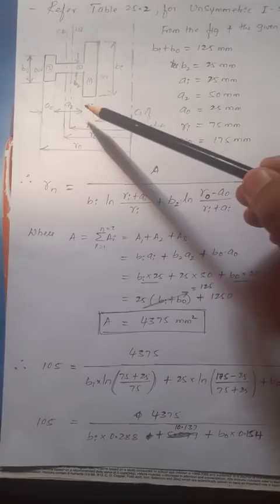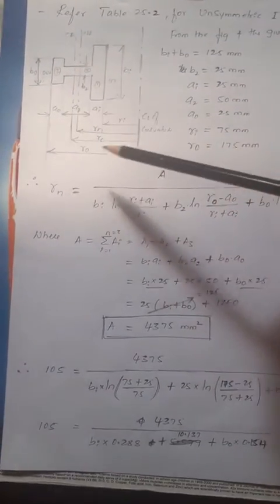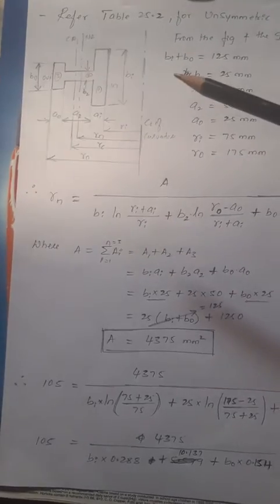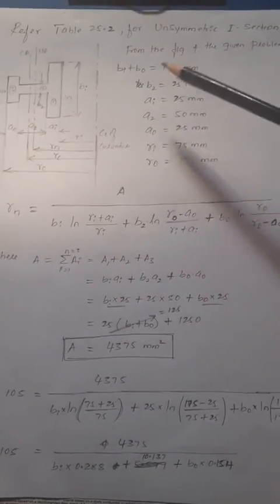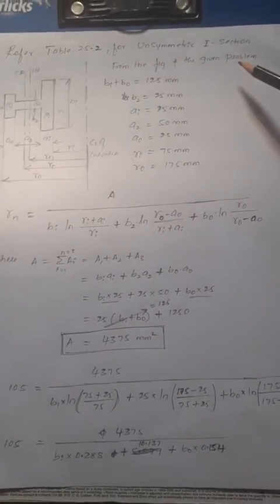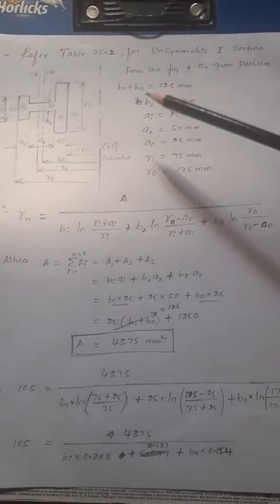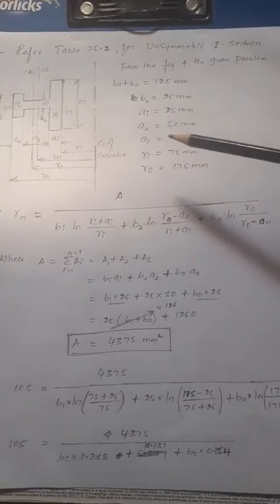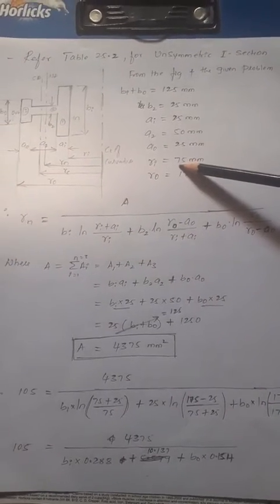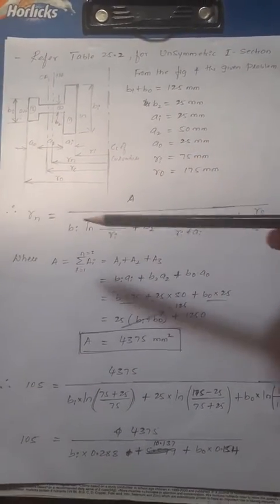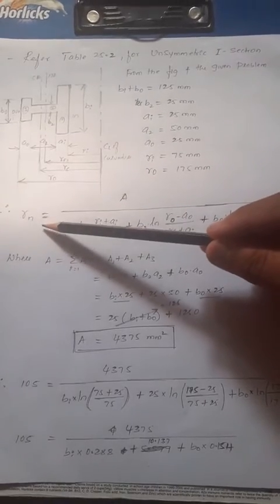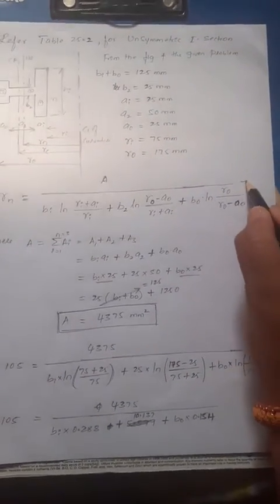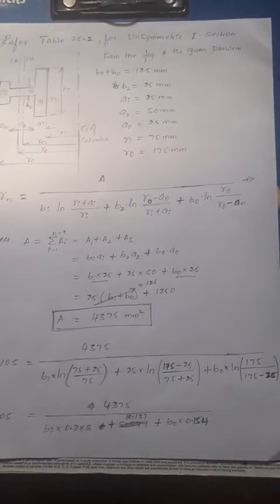Again redraw that unsymmetric I section sketch with the notations already available in the data handbook. Then, from that figure and the given problem data, rewrite the data according to the sketch. After that, write the radius of the neutral axis. The formula is given; now refer to that equation.